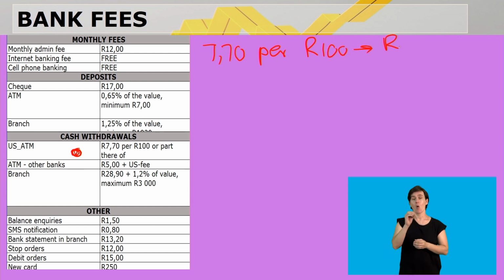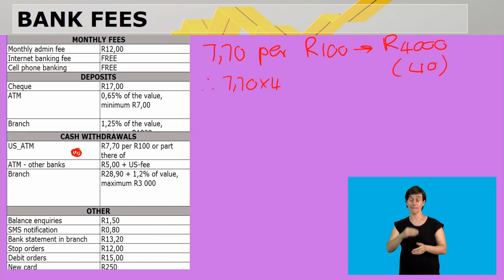Now, if he withdraws 4,000 Rand cash, it's going to be how many hundreds? 40 hundreds, because you divide by 100. So then it's going to be 7.70 Rand times 40. And when we quickly take our calculators, 7.70 Rand times 40 is 303 Rand.